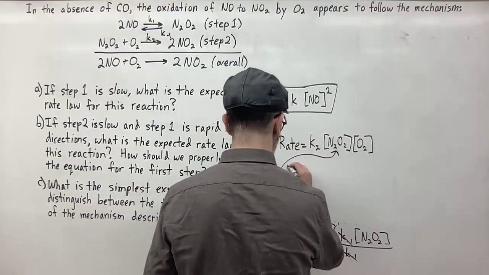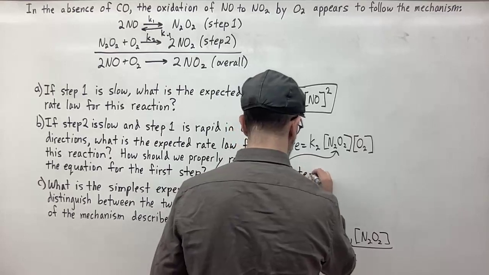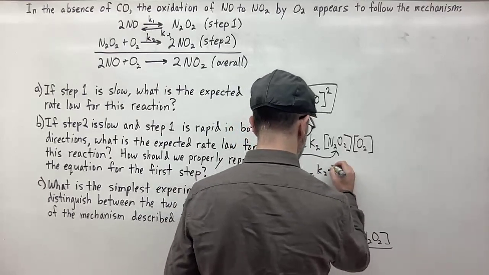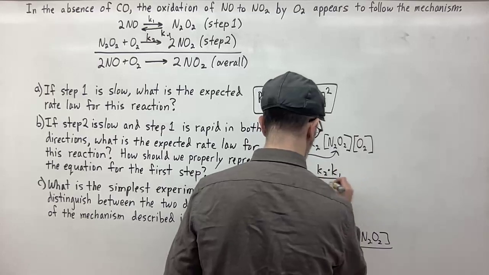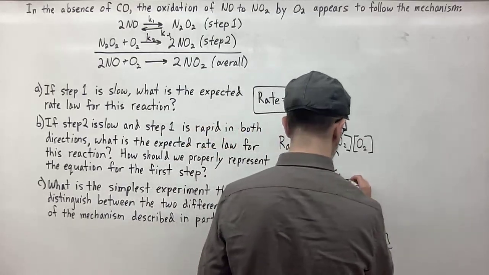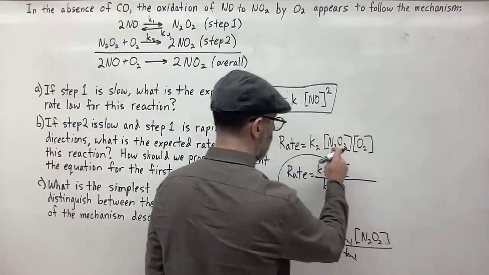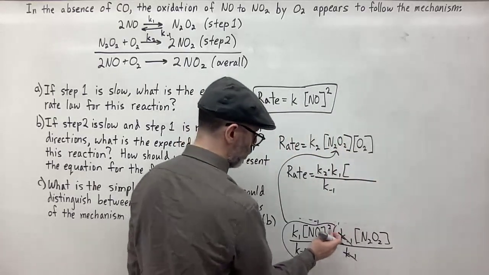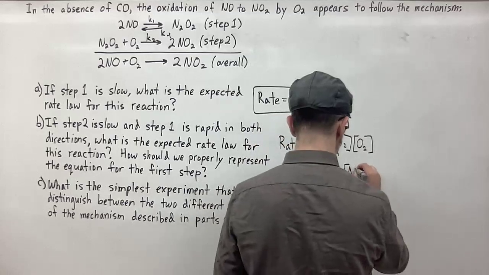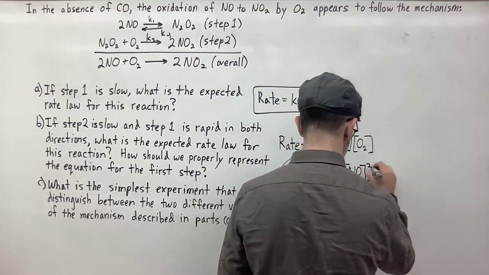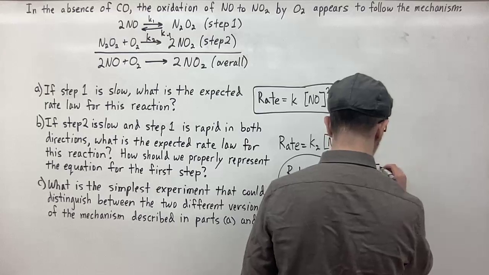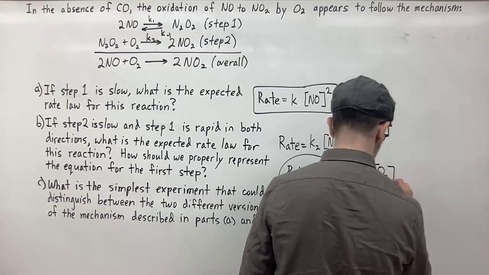So that means the rate is going to be equal to K2 times K1 over K minus 1 times, and since instead of N2O2, we're going to substitute this in, it's going to be the NO concentration squared multiplied by the concentration of O2.